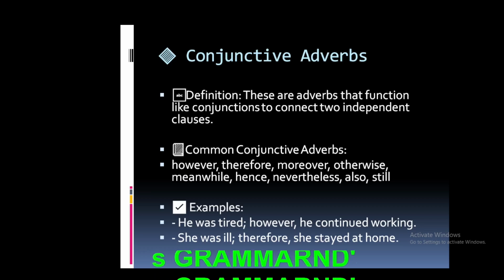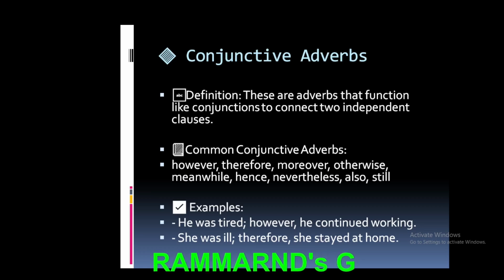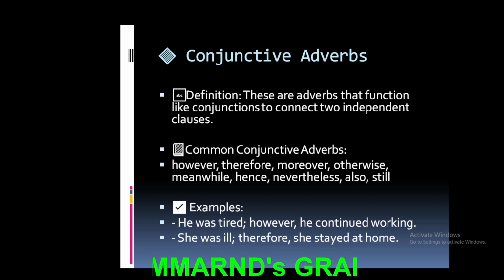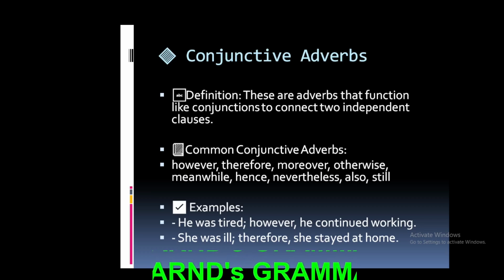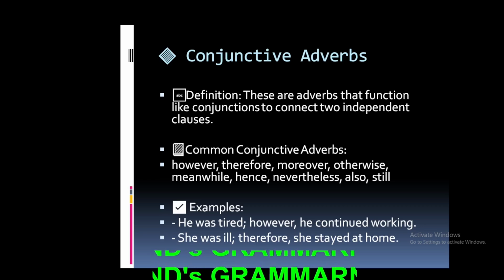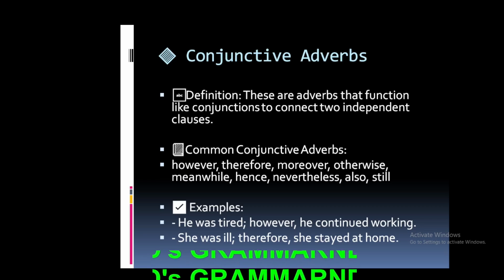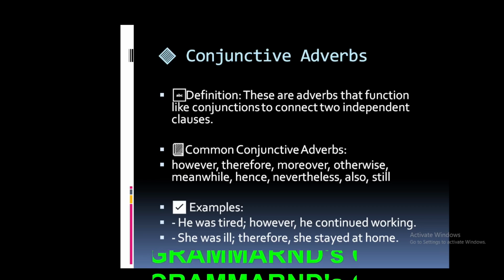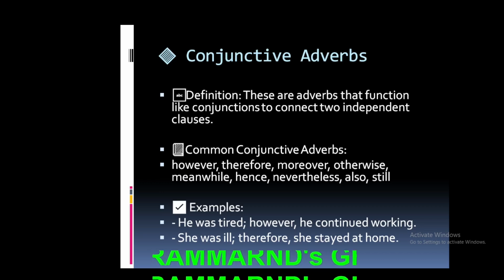And students, in some grammar books of higher class, you will find however, therefore, moreover, otherwise are defined or titled as semantic markers. In linguistics, you can say semantic markers. So, these are for higher class also.